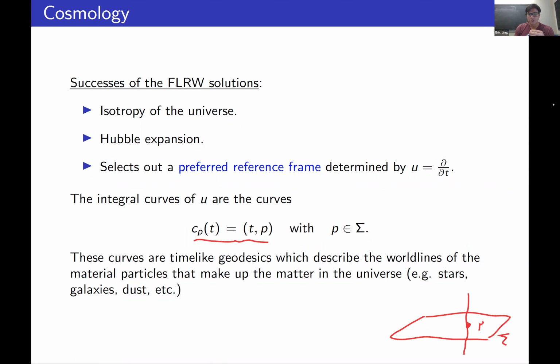What this does that the Schwarzschild solution does not do is select out the preferred reference frame that the Earth is on. The Earth is moving along the preferred reference frame, which I think is dictated by the four-velocity of these FLRW solutions.